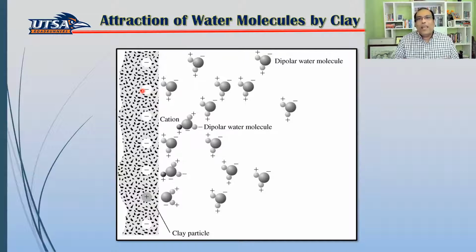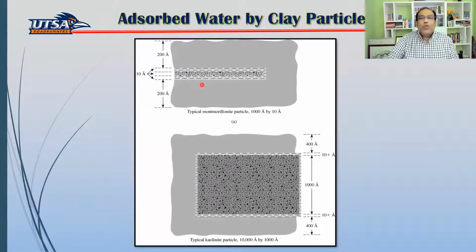That's why clay minerals have a very high affinity with water. They try to hold the water and don't allow it to dry easily, because they try to quench their thirst for positive ions. That's why they absorb a lot of water.